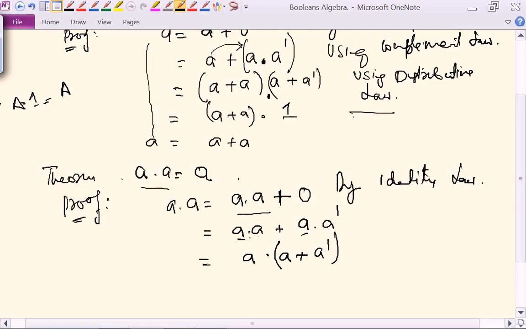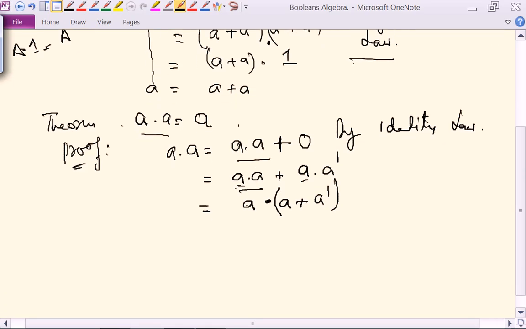It's by reverse distributive law, because if I distribute this, I get a and a, then or, then a and a complement, so we'll get it back. Good. Then a or a complement is equal to 1. So I say a and 1. And what is a and 1 equal to? That is a. Getting me?